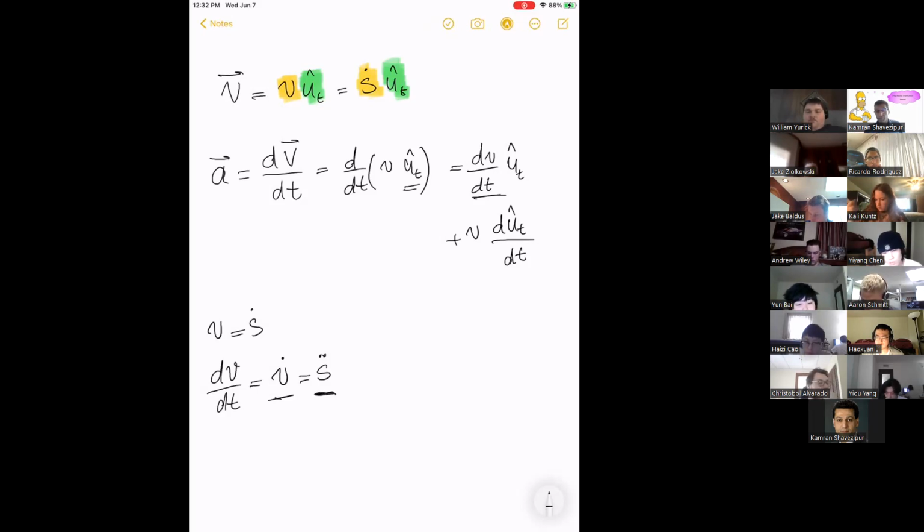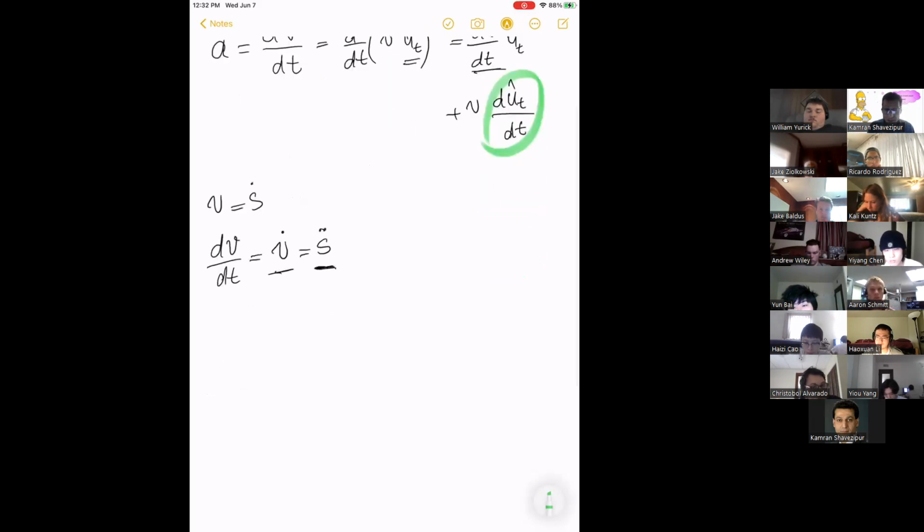Okay. Now the question is how I'm going to get the derivative of dut dt. To do that, there's a derivation in the book. I'm not going to derive it all the way through, but I'm going to show you what happens.